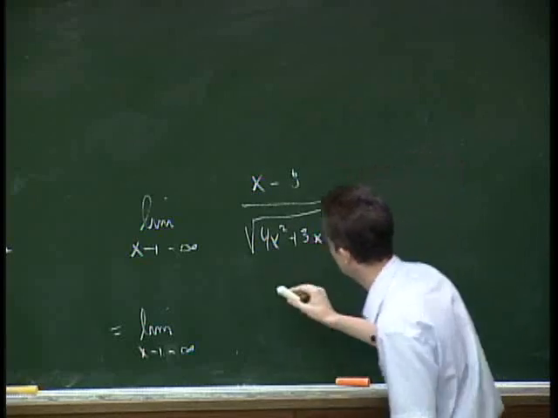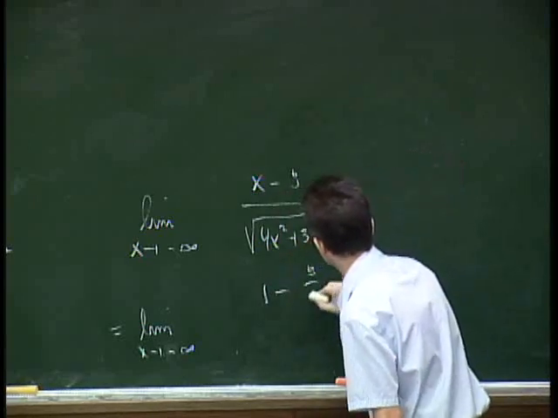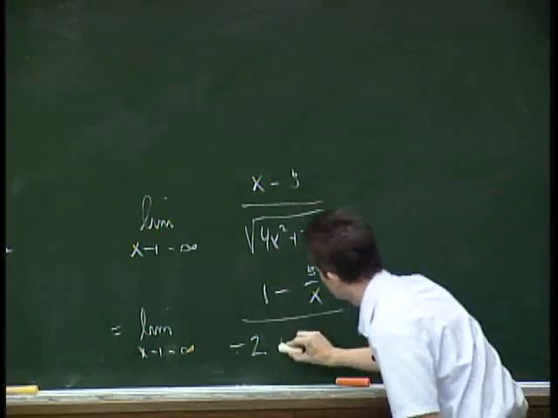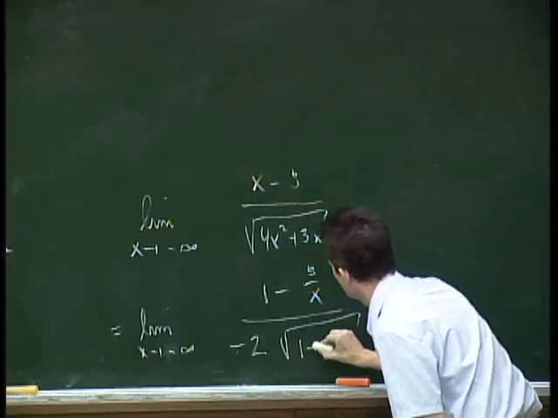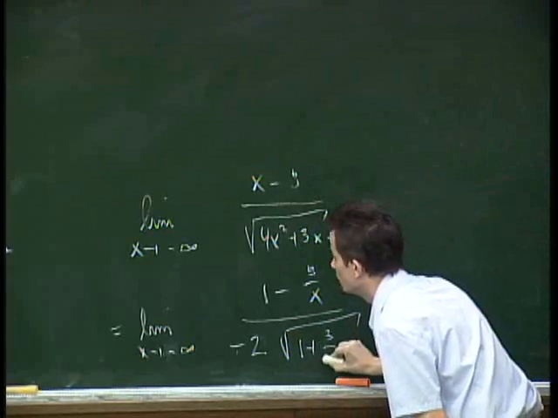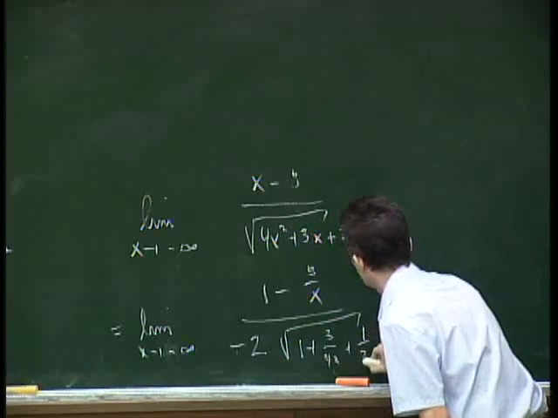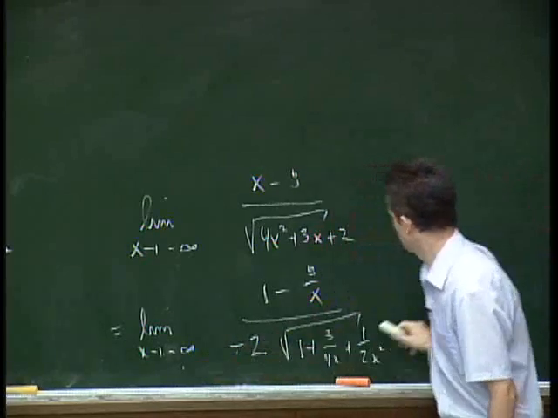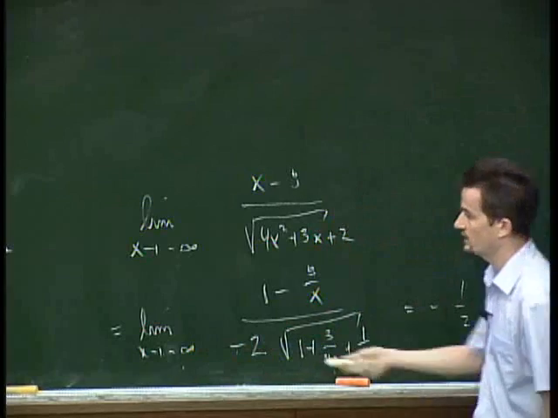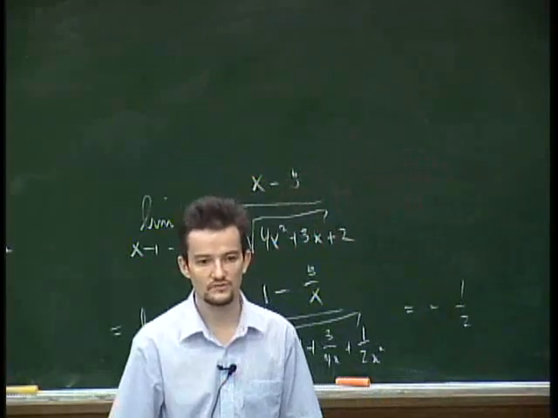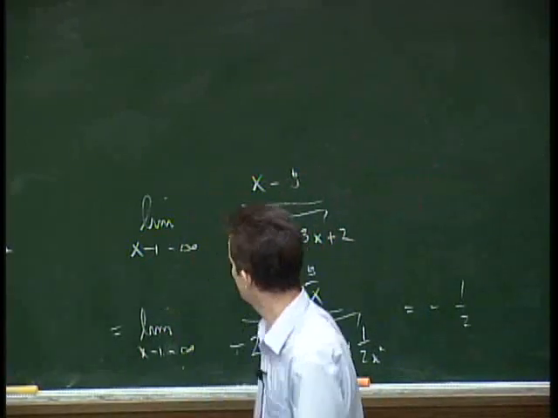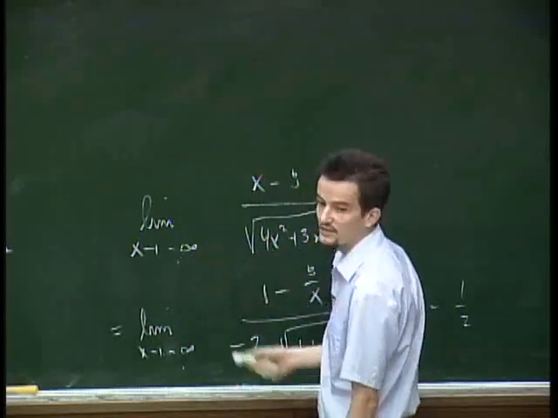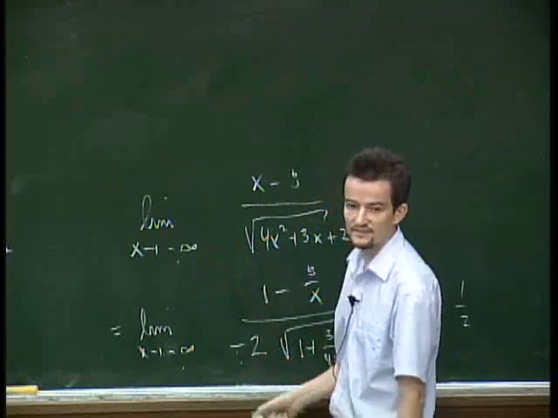So you have here 1 minus 9 over x, and then you have minus 2. The square root of the rest is just the same, 1 plus 3 over 4x plus 1 over 2x squared. If you take the limit now, you get minus 1/2. So 1/2 and minus 1/2 are both horizontal asymptotes. Here, if you compute the root of something like this and the number is negative, do not forget the minus sign.